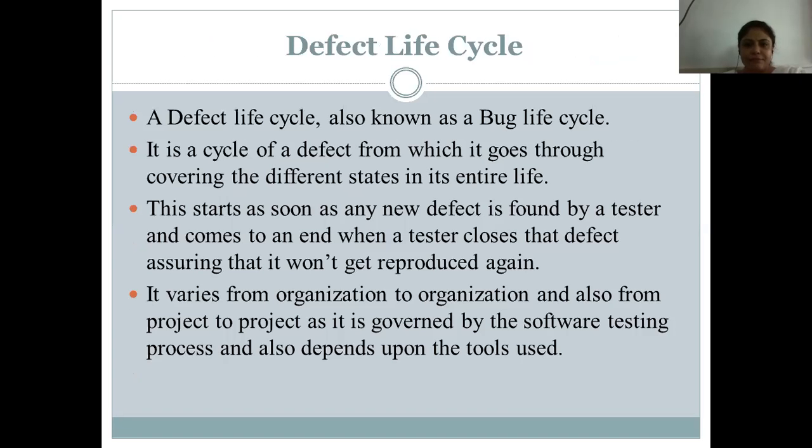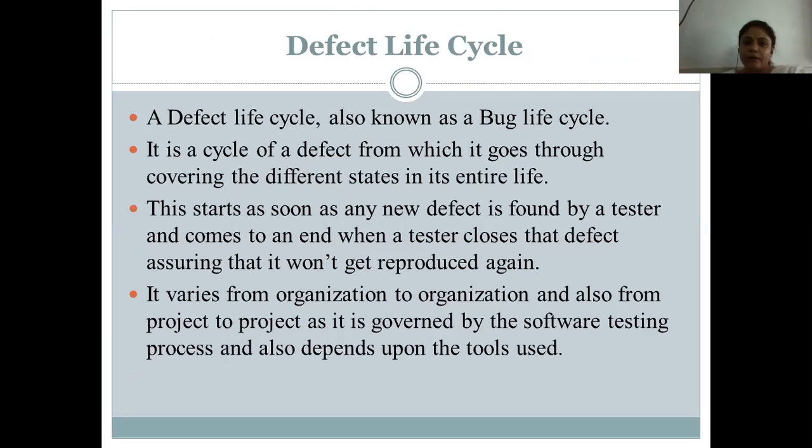The defect life cycle is also known as the bug life cycle. It is the cycle of the defect through which it goes, covering different states of its entire life. This starts as soon as a new defect is found by the tester and comes to an end when the tester closes the defect.